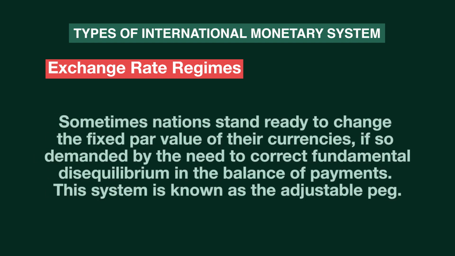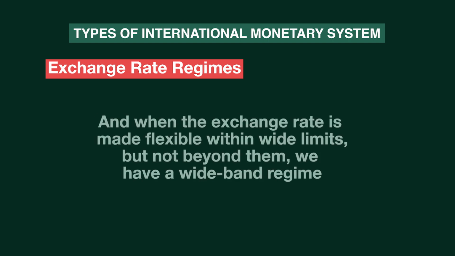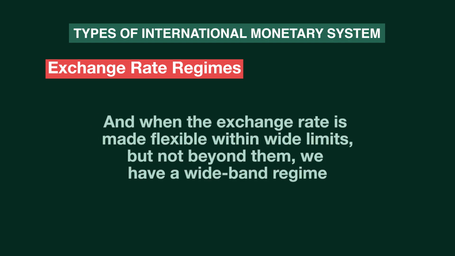Sometimes nations stand ready to change the fixed par value of their currencies if demanded by the need to correct any fundamental disequilibrium in the balance of payments. And this system is known as the adjustable peg. And when the exchange rate is made flexible within wide limits but not beyond them, we have what we call the wide band regime.